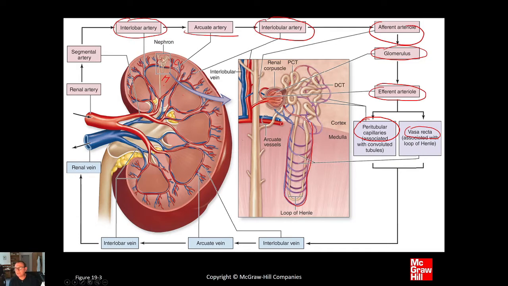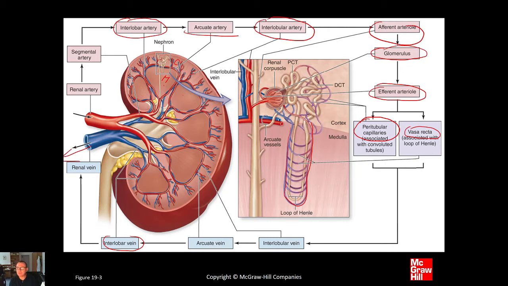In both cases, blood is collected by the arcuate vein then, or there are also stellate veins and interlobular veins. All these veins join together to go to interlobar veins, and at the end to the renal vein and to the vena cava inferior.